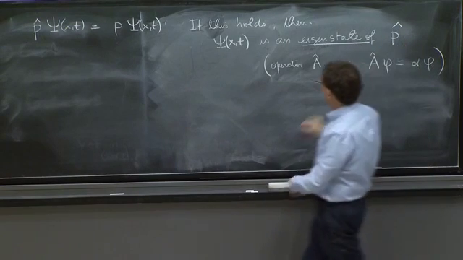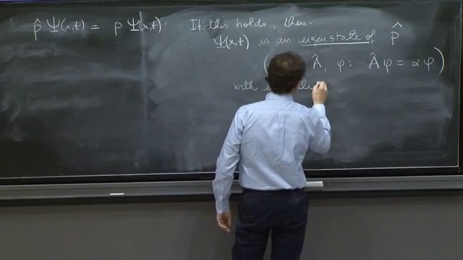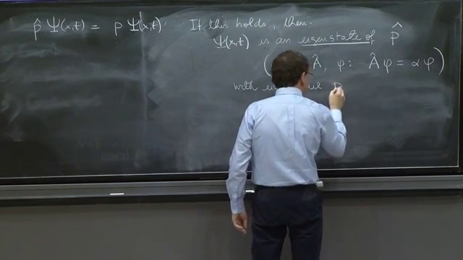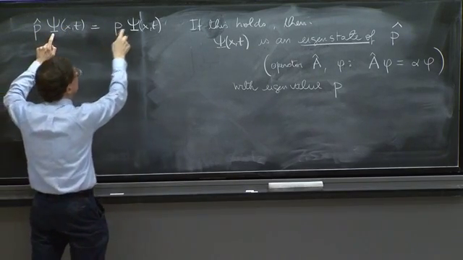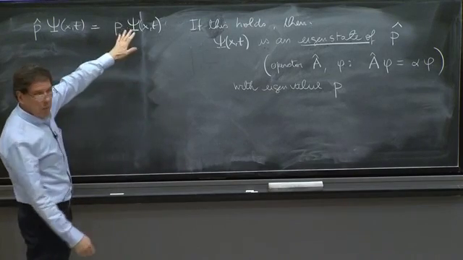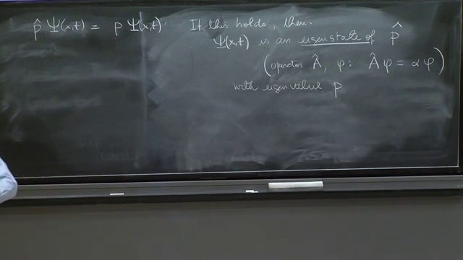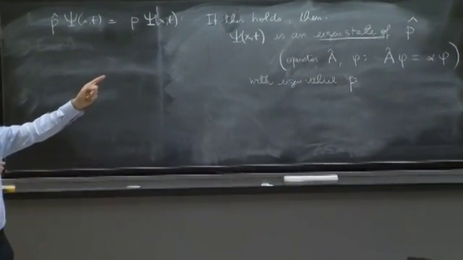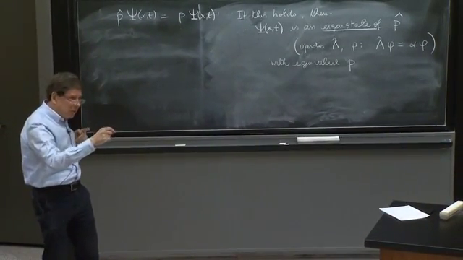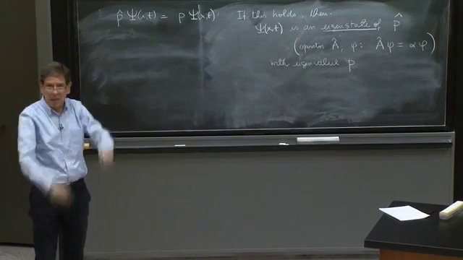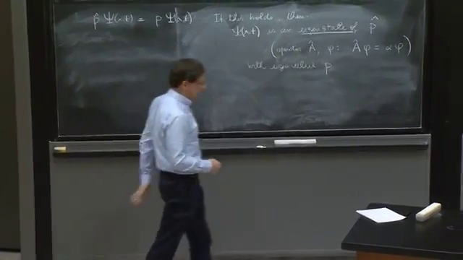So here psi is an eigenstate of P with eigenvalue P, the number P, because acting on the wave function gives you the number P times that wave function. Not every wave function will be an eigenstate. Just like when you have a matrix acting on most vectors, a matrix will rotate the vector and move it into something else. But sometimes a matrix acting on a vector will give you the same vector up to a constant, and then you've got an eigenvector. And here we have an eigenstate.